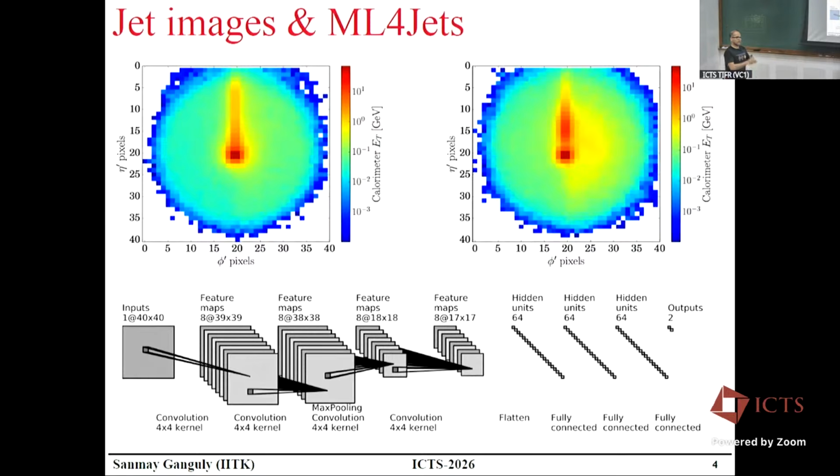You do it for every instance, sum it up and divide by the number of instances. So in the average image, by construction of this preprocessing, the hardest cell lies at the center. That's why when you stack them up, you see a dark region in the center, which says that's where, on average, the maximum energy deposition is by definition, and the rest of the energy deposits are in its peripheries.